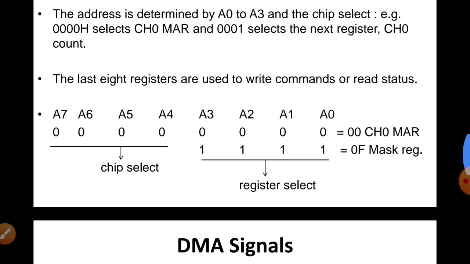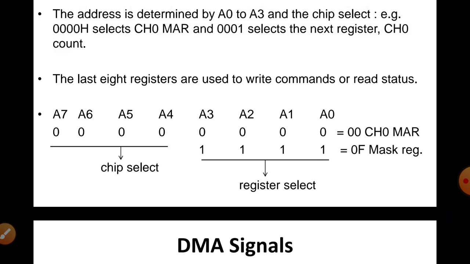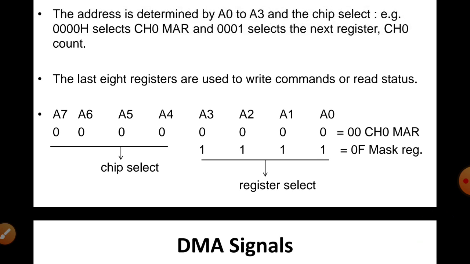So that is why A4 to A7 is 0, and when A3 to A0 is 0000, it is giving the address 00 for the channel 0 MAR, and for 0001 it will give 01, that is the channel 0 count register. Similarly, when the value of A0 to A3 is 1111, it will give the address 0F for the mask register.